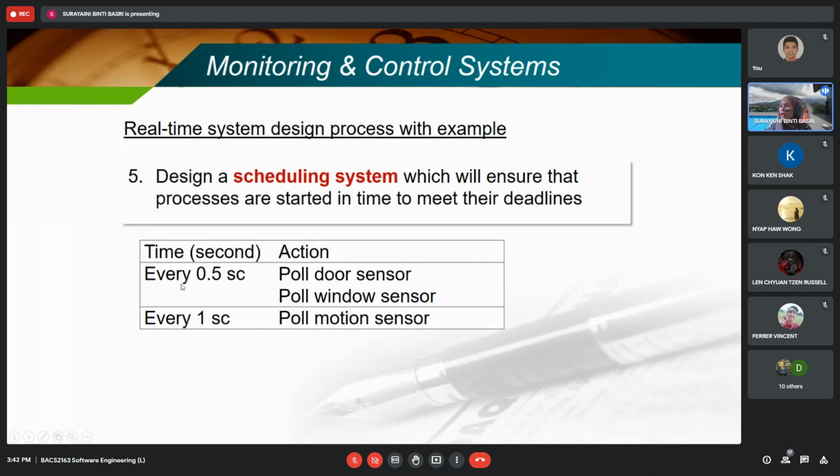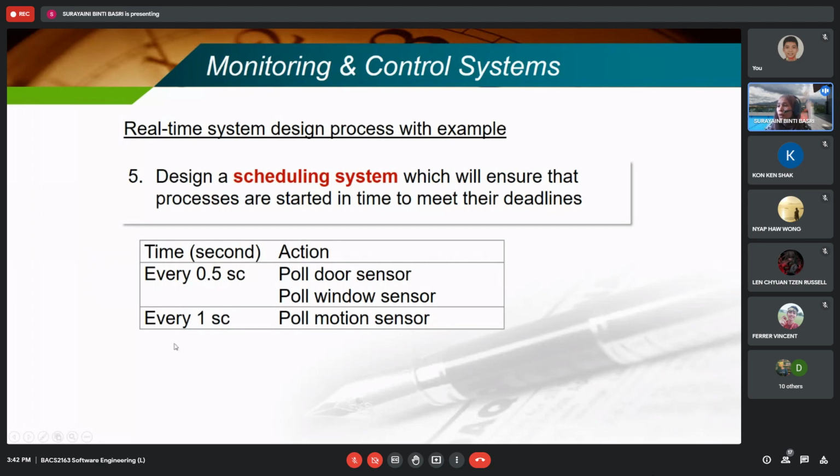For example, every 0.5 seconds there are two actions, meaning two concurrent processes that need to happen every 0.5 seconds, which is to poll the door sensor and to poll the window sensor.